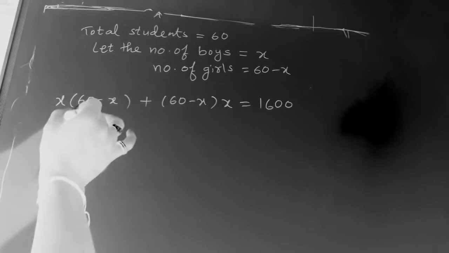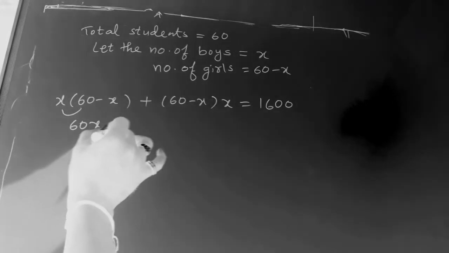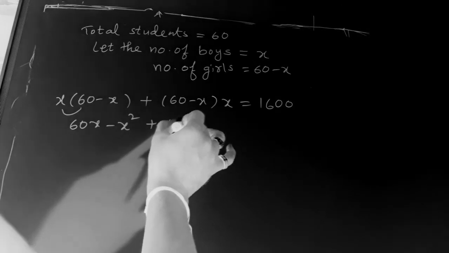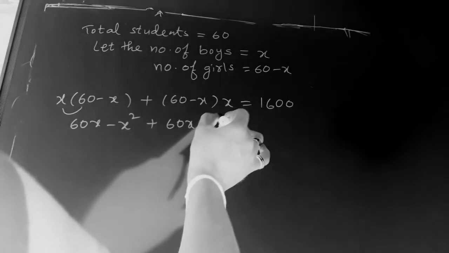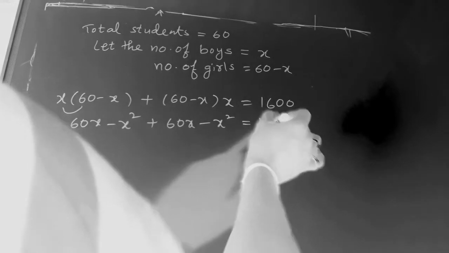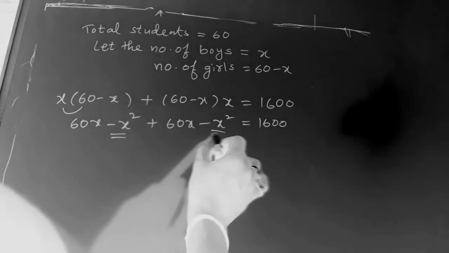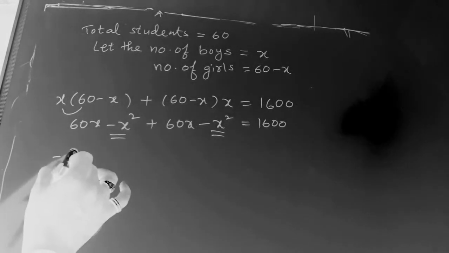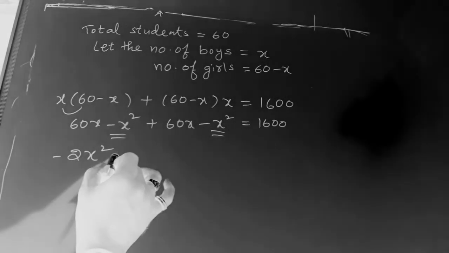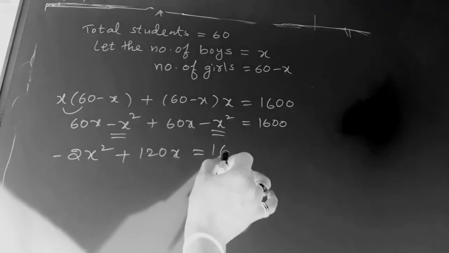Now multiply: x into 60 is 60x, plus into minus is minus x square. 60 into x is 60x, minus x into x is x square, equal to 1600. Minus x square minus x square gives minus 2x square, and 60x plus 60x is 120x, equal to 1600.